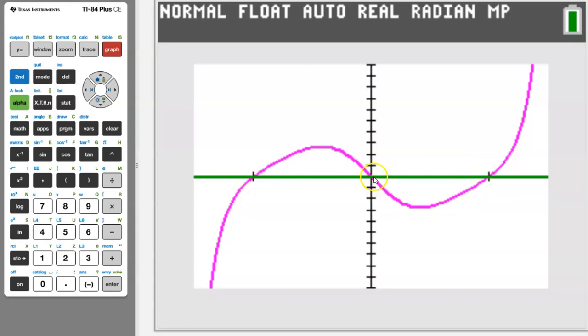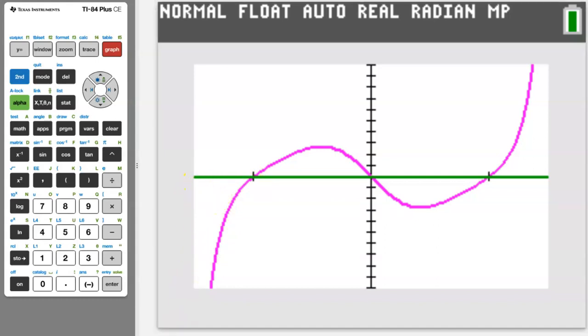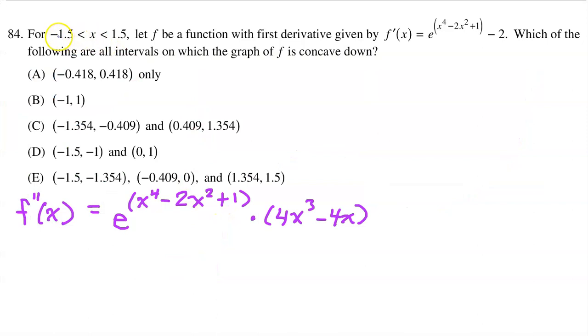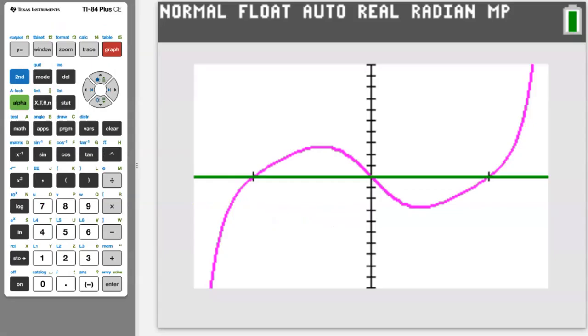So this second piece is from 0 to 1. But what about this first piece? It's something to negative 1, but should I say negative infinity? No. Remember, we set the window to match the domain given to us in the setup of the problem. So the window goes from negative 1.5 to positive 1.5.